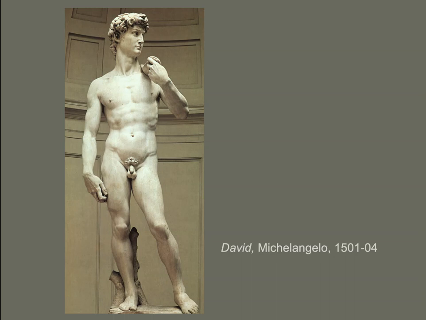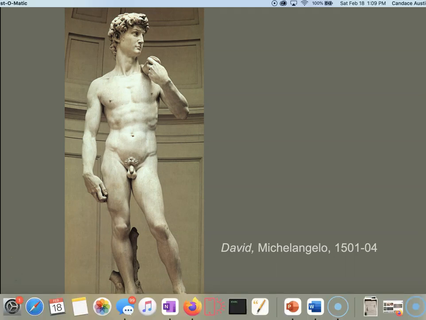This is also showing the moment before David confronts Goliath, which is innovative. Normally when we see artwork from the Middle Ages or from Greek and Roman times, you're going to be seeing the moment that the action is happening. Whereas in the High Renaissance, a lot of the times it's this moment that's before the climax or the action that's going to take place.